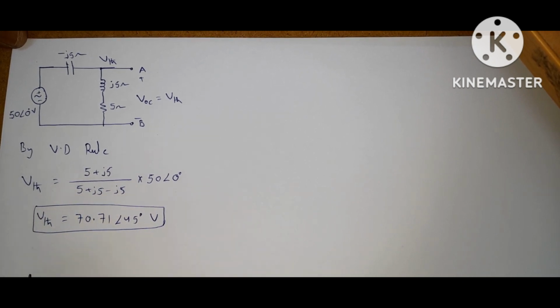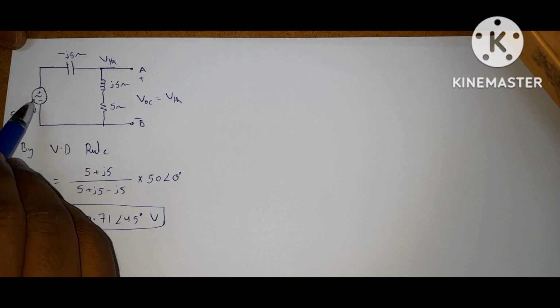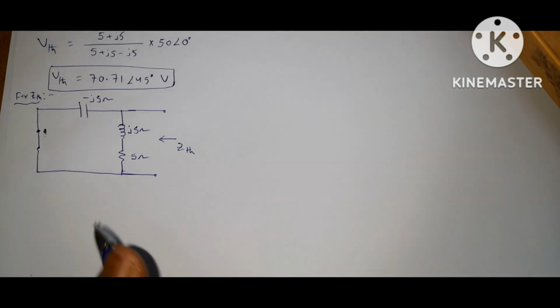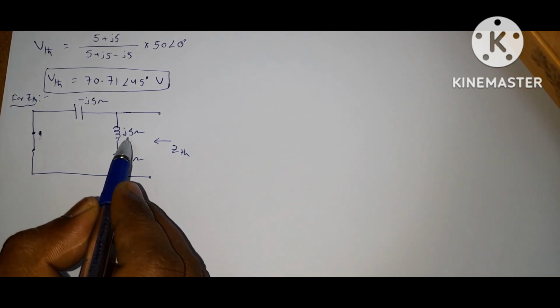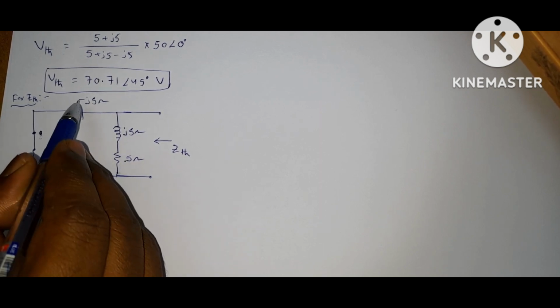Now to find Zth, replace the voltage source with a short circuit. Internal impedance of a voltage source is 0. So that is a short circuit. Replace the voltage source with a short circuit. Then the circuit becomes like this. Okay. Here this 5 ohms and J5 are connected in series. This resultant is connected to this capacitor in parallel.